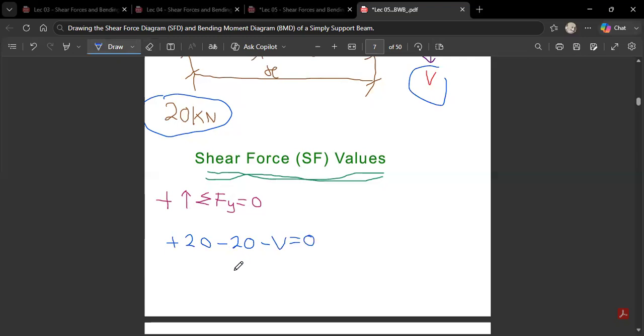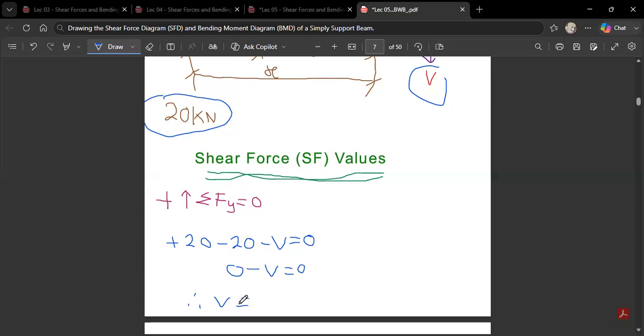If you group them, what are you going to get? 0 minus V is equal to 0.